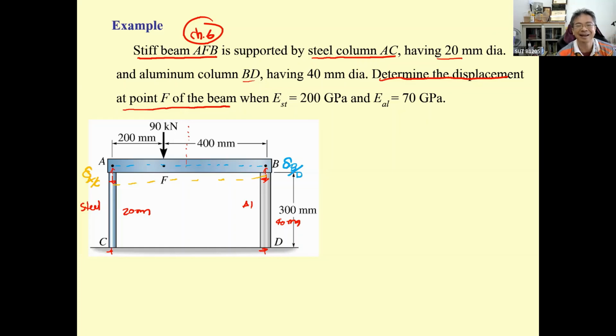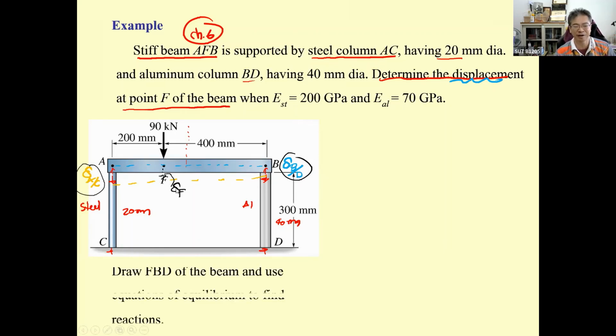And then they ask us to determine the displacement at point F. So they ask us to determine delta sub F. If we know this one, we know this one, we may use the similar triangle to determine delta sub F.